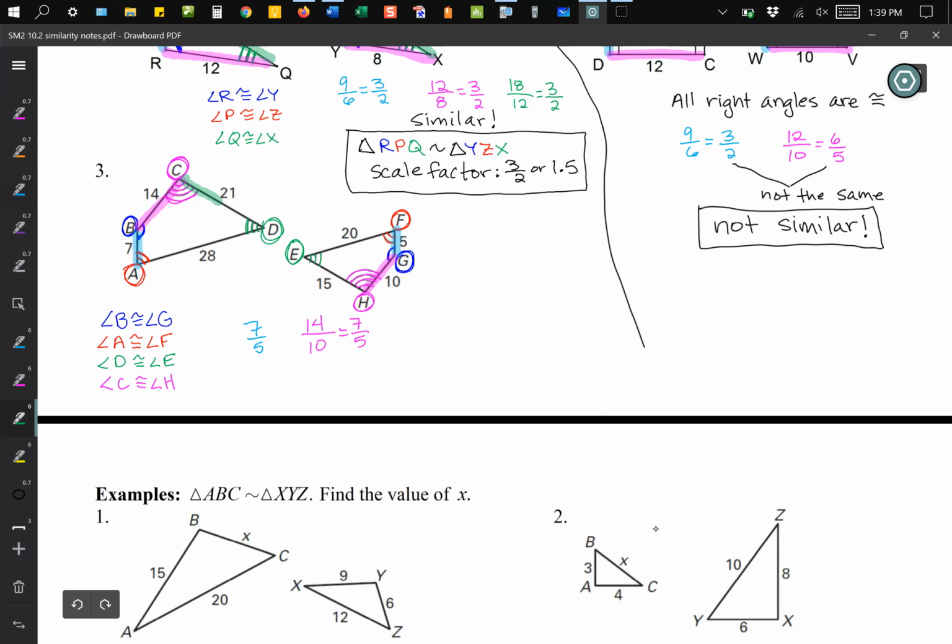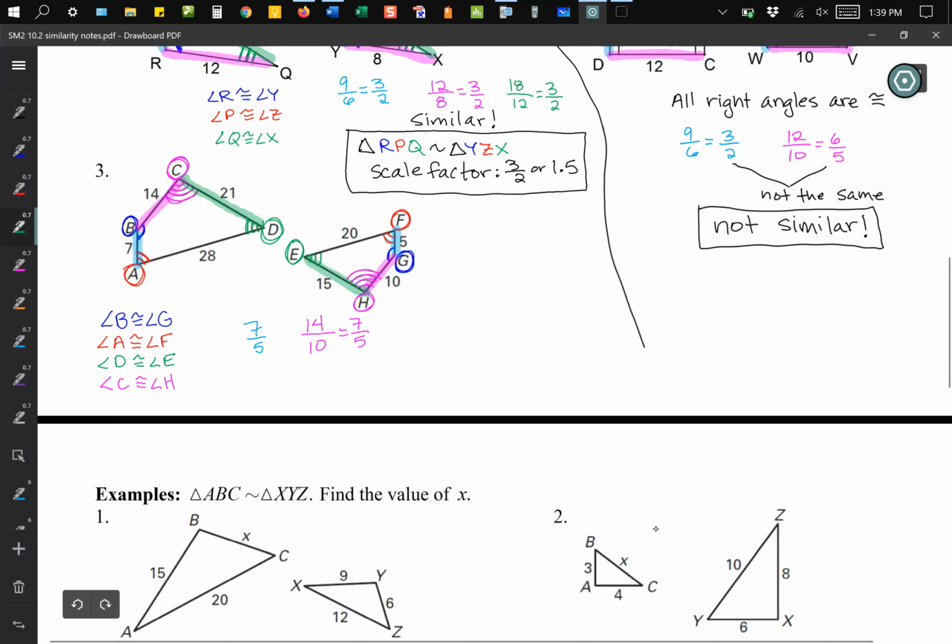I've got the next longest, 21, over the next longest, 15. If you get confused, notice I was going from the angle with 4 marks to the angle with 3 marks. This is the angle with 4 marks, this is the angle with 3 marks. So that kind of helps you figure out which side to look at, between 4 marks and 3 marks.